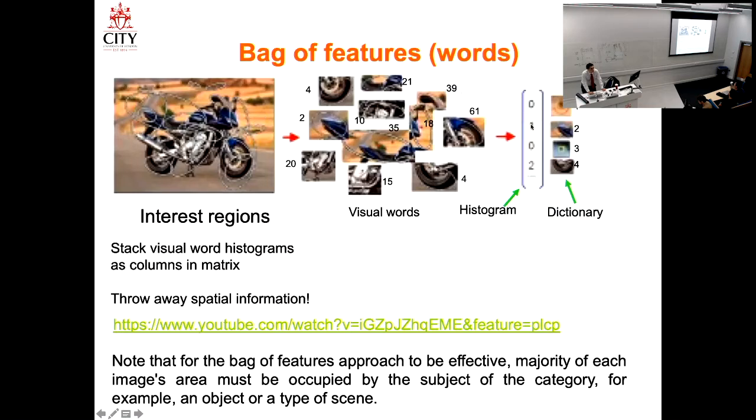I saw it, it's a 1. Or I saw 2 of this, it's a 2, and so on, right? So I have a dictionary, I compare them, and then I create a feature vector or a histogram. So this is what I use for classification instead of pixel values, right?